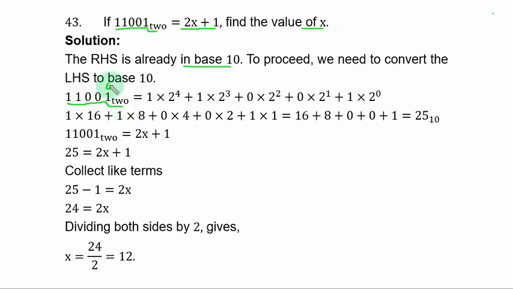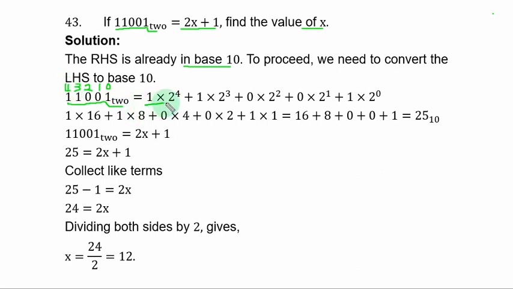So you have 0 followed by 1, the next is 2, the next is 3, and the last is 4. You multiply each digit by base 2 and you attach the place values to them.